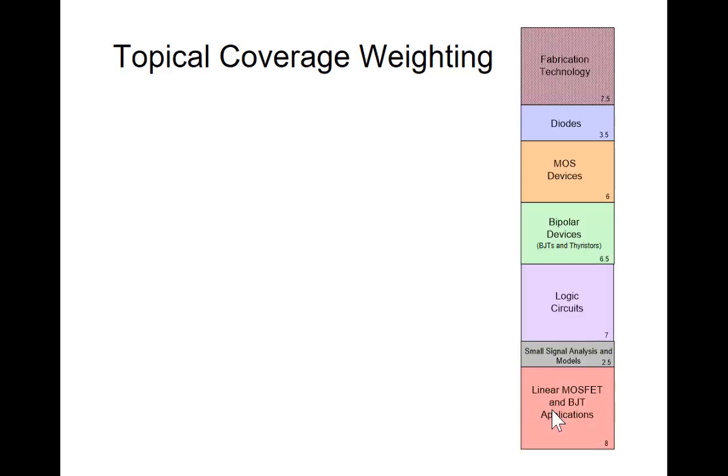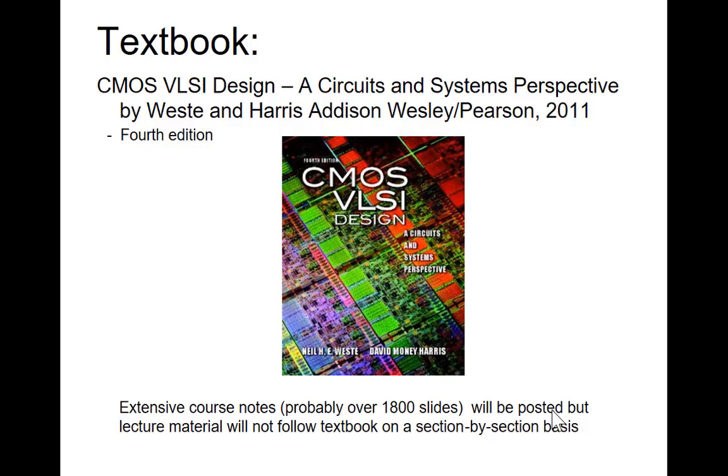Here's an indication of the relative time we'll spend on the different topics in the course. The designated textbook for the course is CMOS VLSI Design by Weste and Harris, the 2011 edition. It's actually the 4th edition of this textbook. I believe this textbook is also being used for 465, at least at the current time.